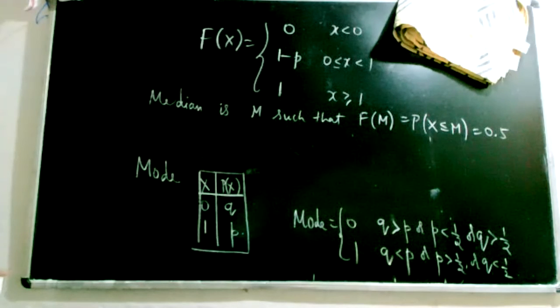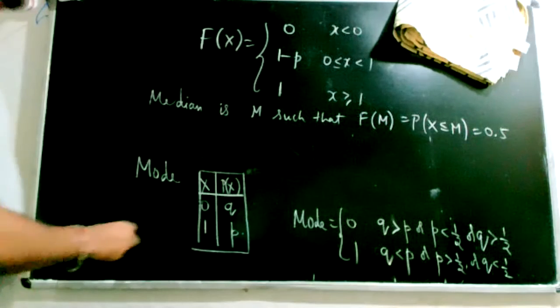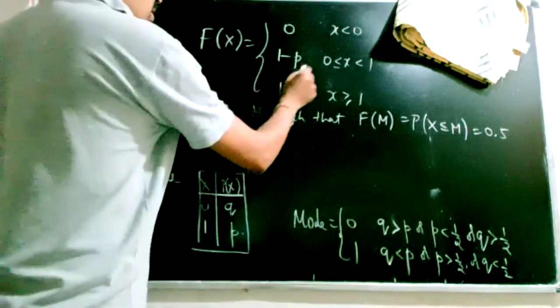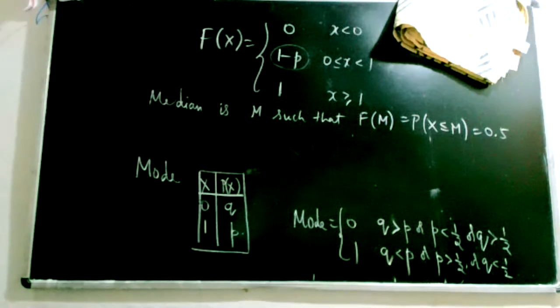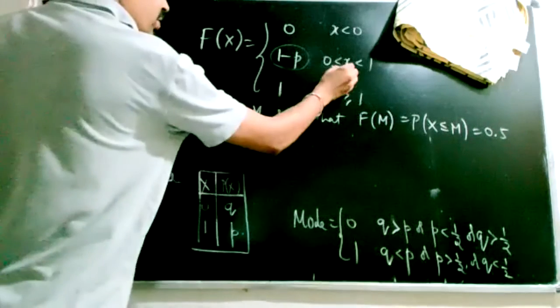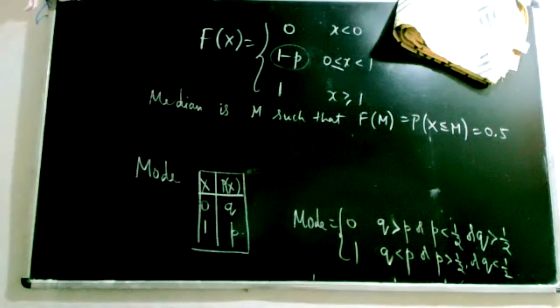Now to obtain the median, if I have this 1 minus p as any value slightly greater than 0.5, then we could say that x equal to 0 becomes the median.